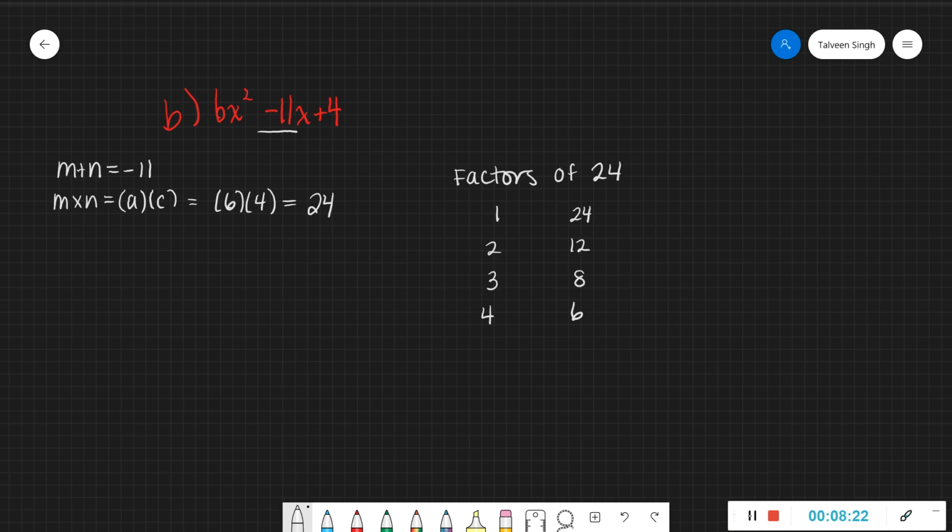Also, you know that we're looking for a negative number, so they probably both need to be negative. But even then, -1, -24 won't give me -11. How about -2 and -12? Nope, will give me -14.